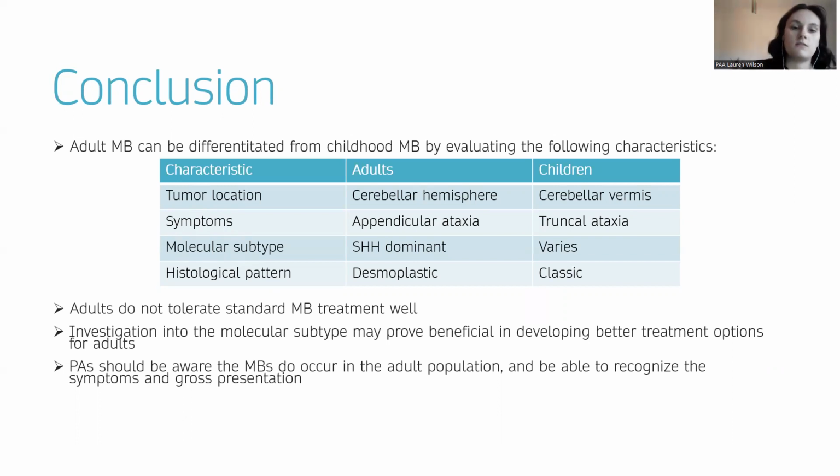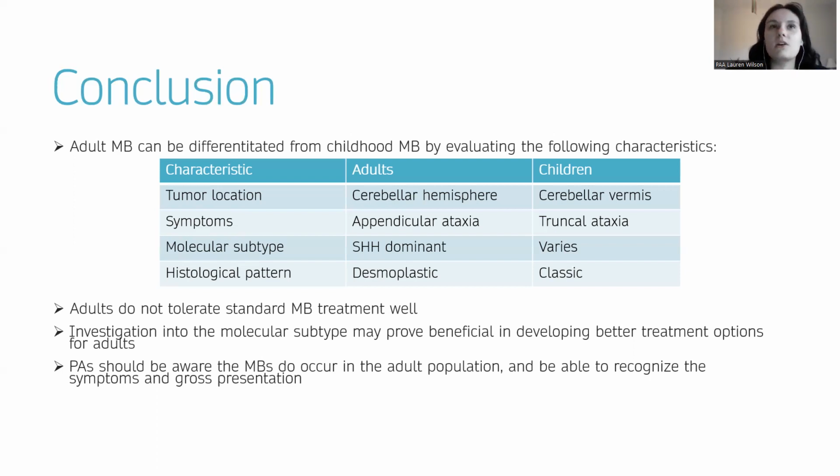You can tell that the articles I had were all published in 2021, so pretty recent. I couldn't find anything more recent, but it does sound like they are headed in the direction of finally taking a more serious look at adult medulloblastoma. That goes into my next bullet point, investigation into the molecular subtype.